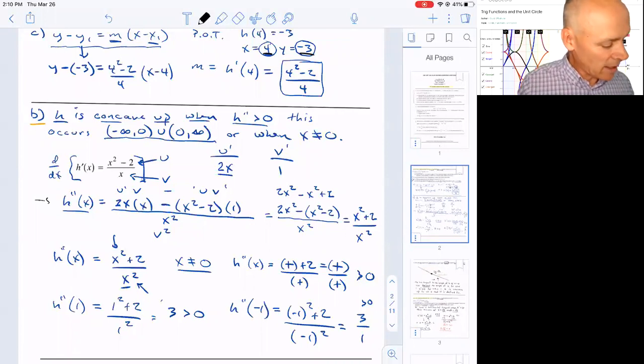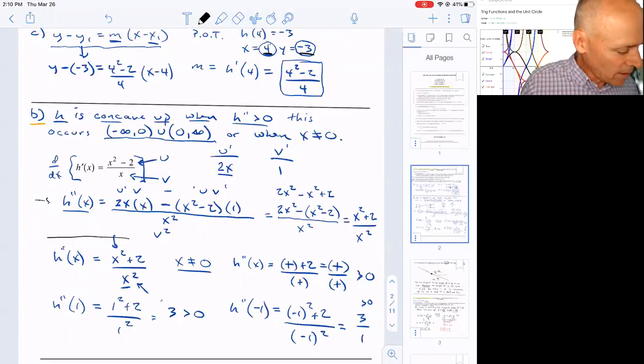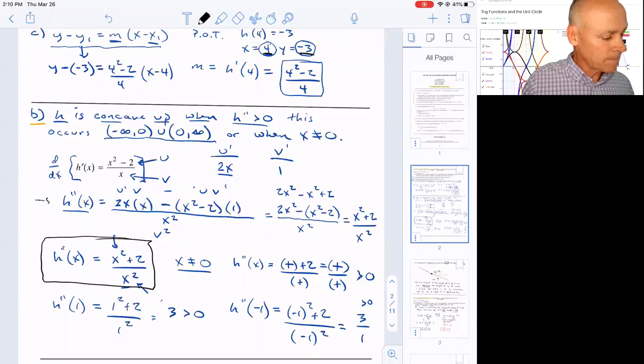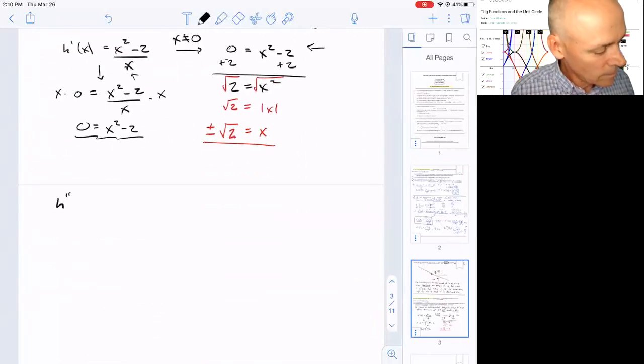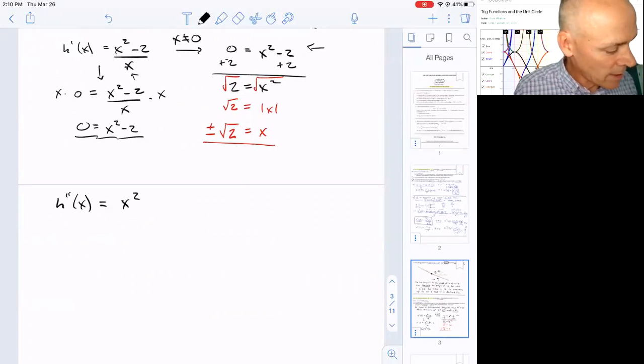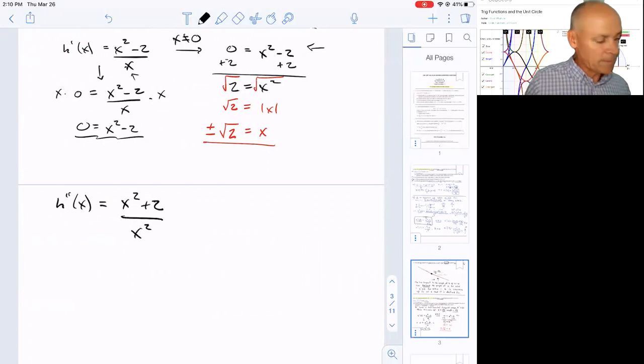So I'm going to take this simplified form of my second derivative. So I've got h double prime of x is equal to x squared plus 2 over x squared.